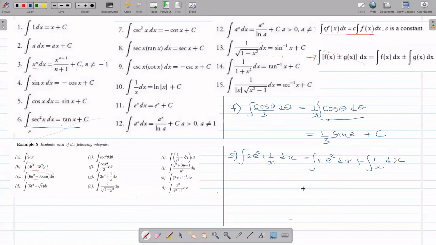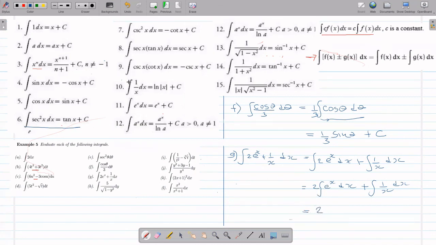Now I can pull out the constant. So now for this e to the x, I have a formula.